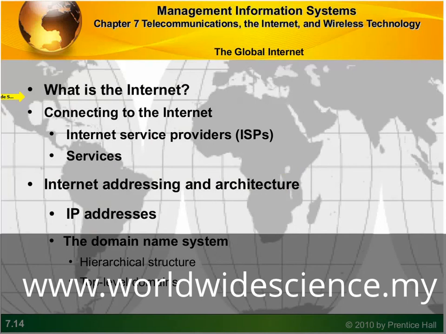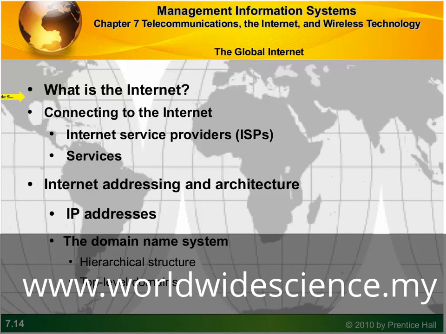But you need to get the service from an Internet service provider. We also talked about Internet addressing and architecture, the IP address, and the domain name system. Managers these days need to have some information about the domain name system.